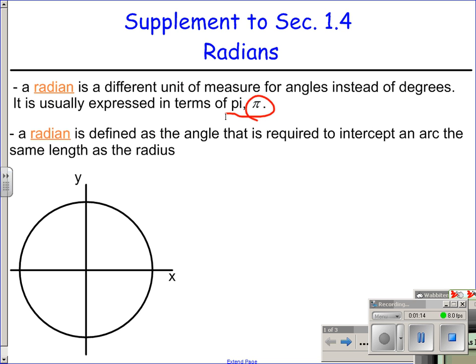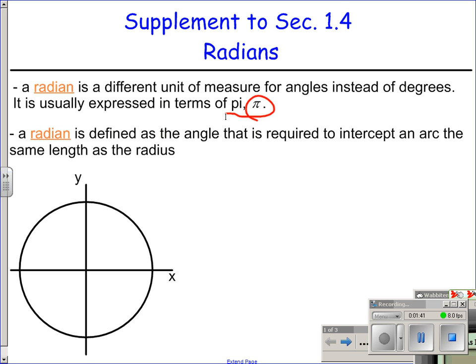When we're dealing with measurements of length, kilometers, meters, centimeters, and then what we're used to, miles, yards, feet, they all do the same thing. They measure a distance. They're different numbers for the same distance, but they're still doing the same thing. That's the analogy between a degree and a radian. They're measuring an angle, but using different numbers to measure the same angle.